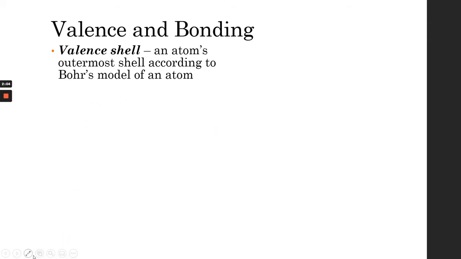What do we mean by Bohr's model of an atom? Bohr's model of an atom is basically you have your neutrons in the middle. Maybe let's use different colors to identify them. Let's have the black color as our neutrons, and neutrons do not have any charge.